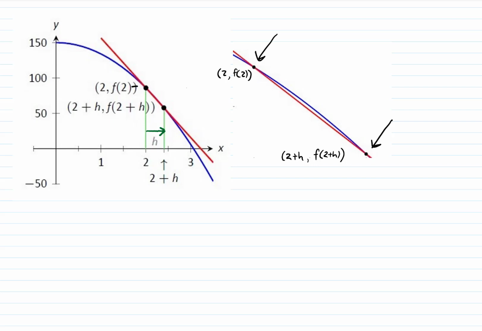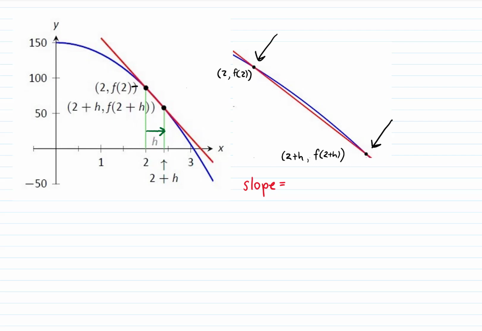Okay, let's write this down. I'll write this in red because I want you to understand that this is the slope of the red line. Okay, the slope equals rise over run, right? So that's one y value minus the other y value divided by one x value minus the other x value.